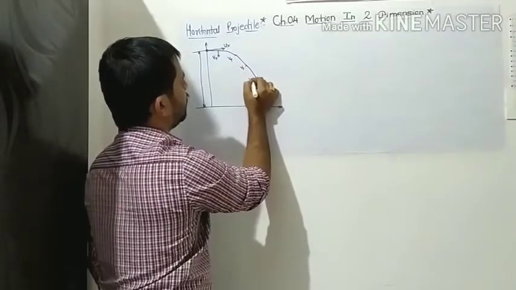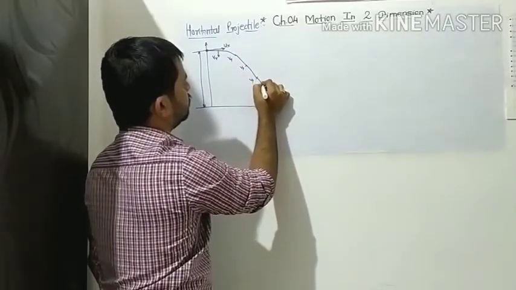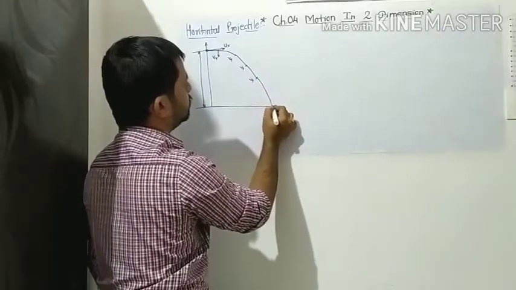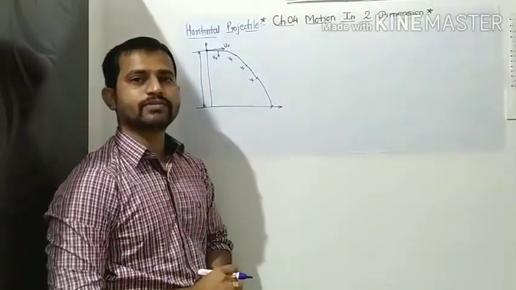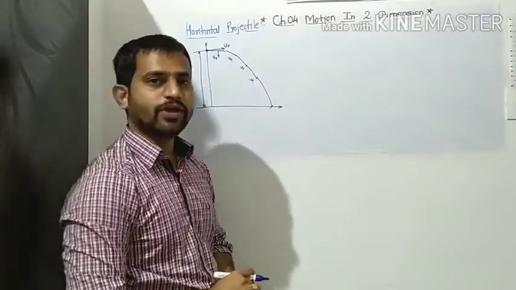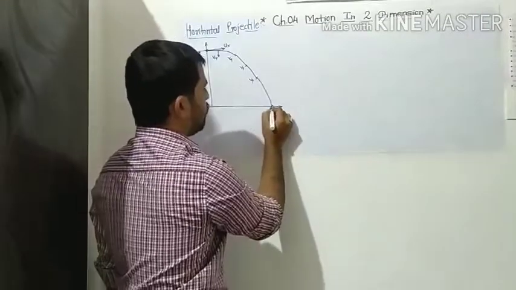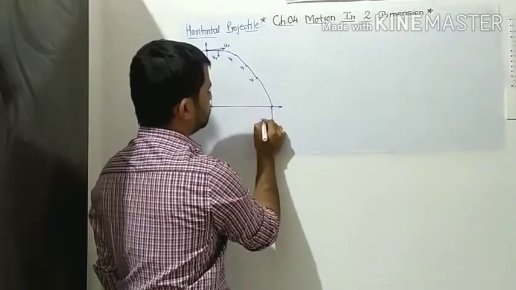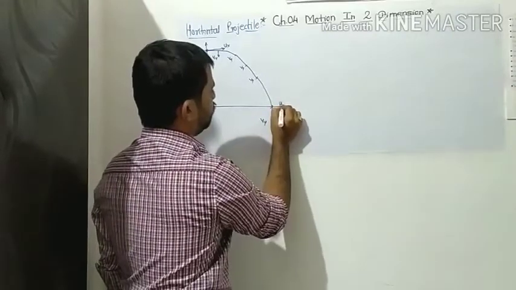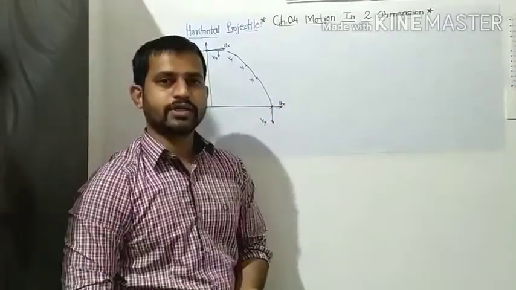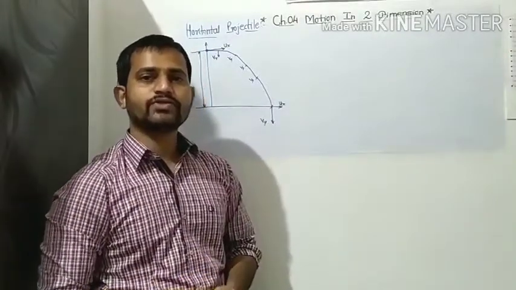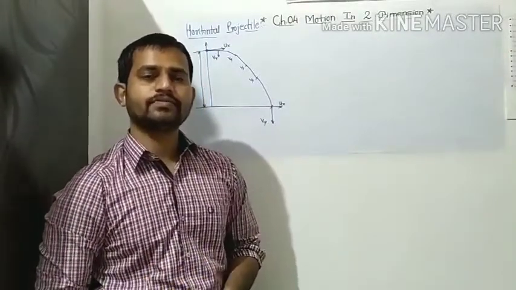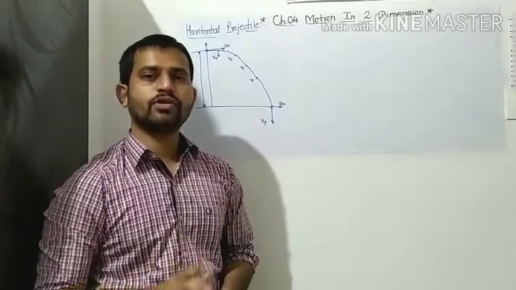Like this it will come down to this position, and here it has both velocities, that is vy in the downward direction and ux in the horizontal direction, and the object will strike the ground with both components.